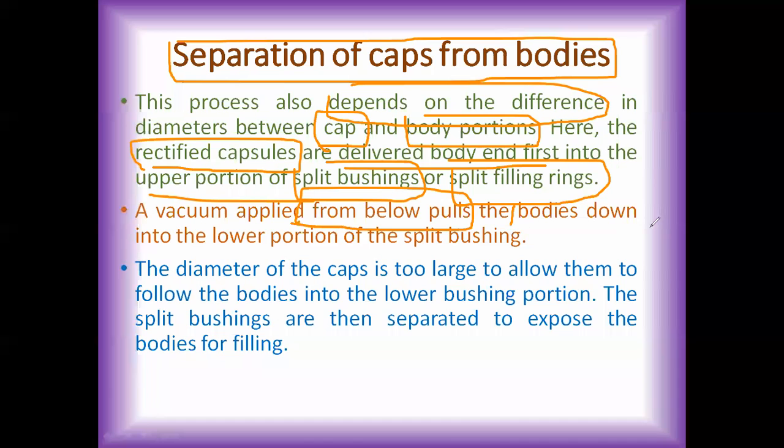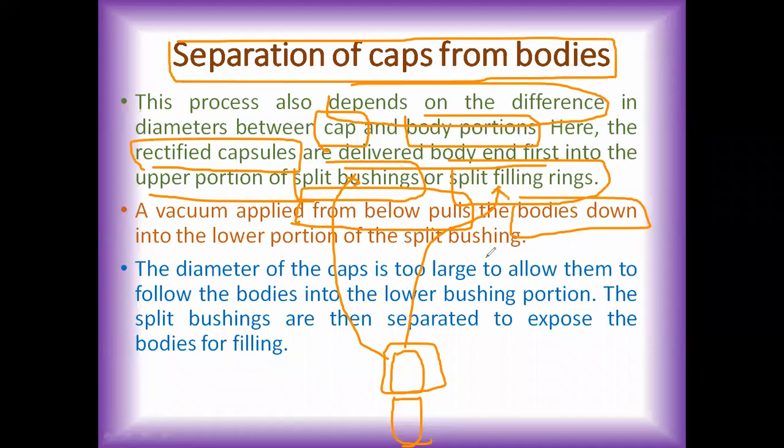So what we do, firstly the upper portion will be fit into the bushing. Now suppose, for example, this is the capsule which I have. This upper portion of the cap will be in the split bushing or the split filling rings.